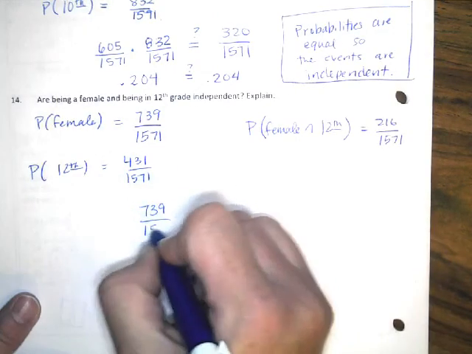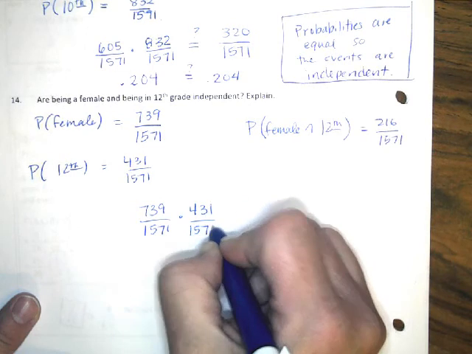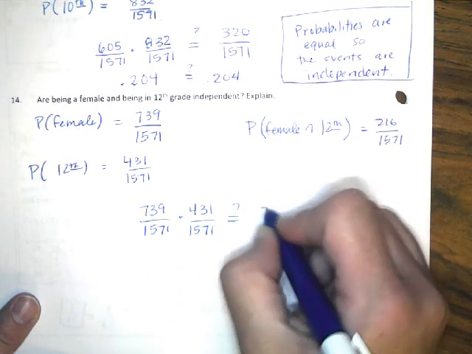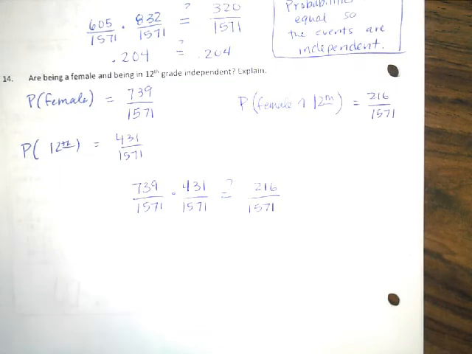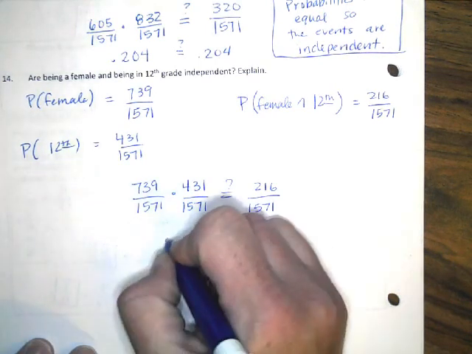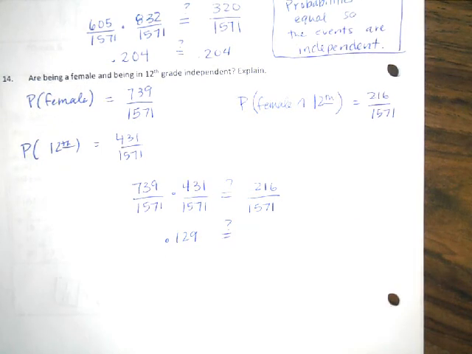Now we'll check our multiplication. So 739 over 1571 times 431 out of 1571. Is that equal to 216 out of 1571? So 739 divided by 1571 times 431 divided by 1571 gives us 0.129.